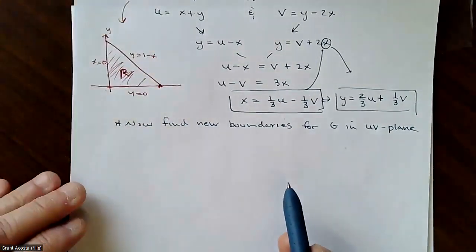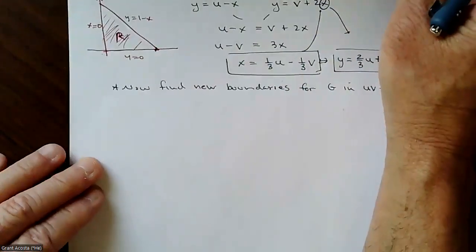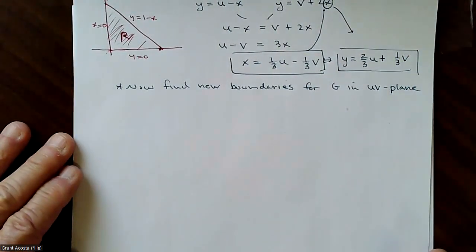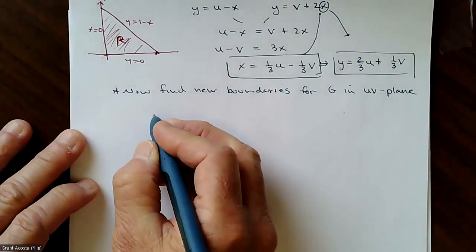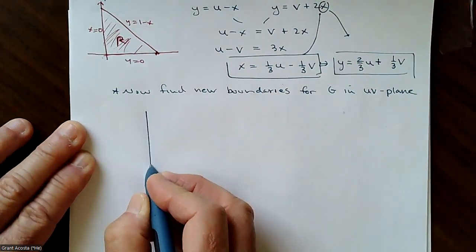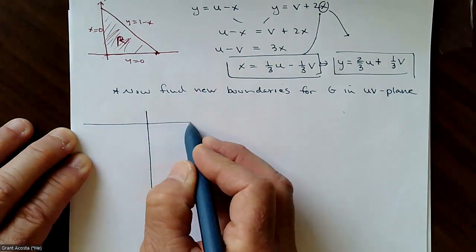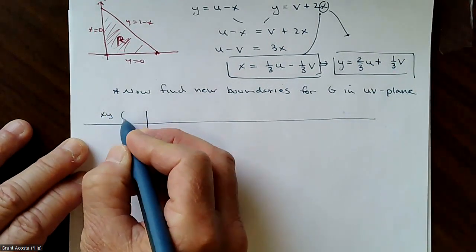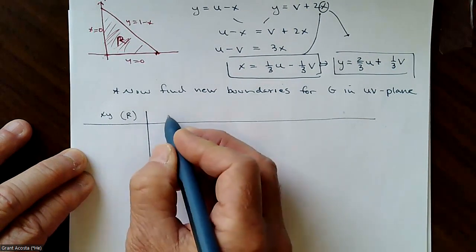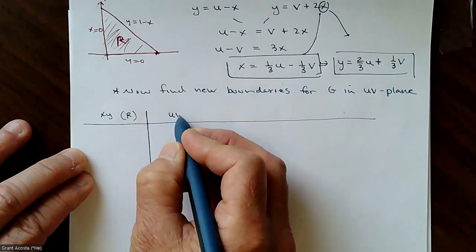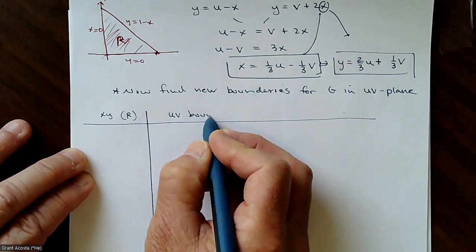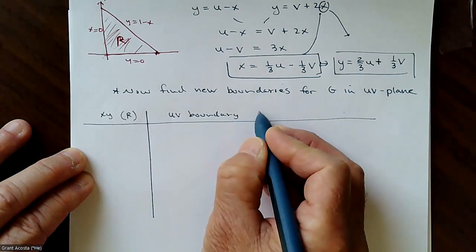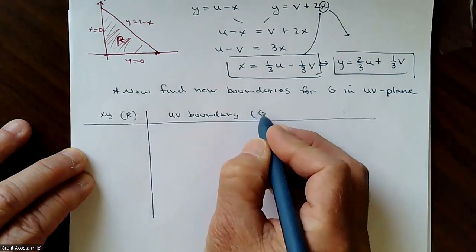So we're going to, one by one, convert those boundaries into u and v. So let's make a little table here. So we have our xy boundary, and this would be for R. And we're going to convert this to a new uv boundary, which we'll refer to as G.